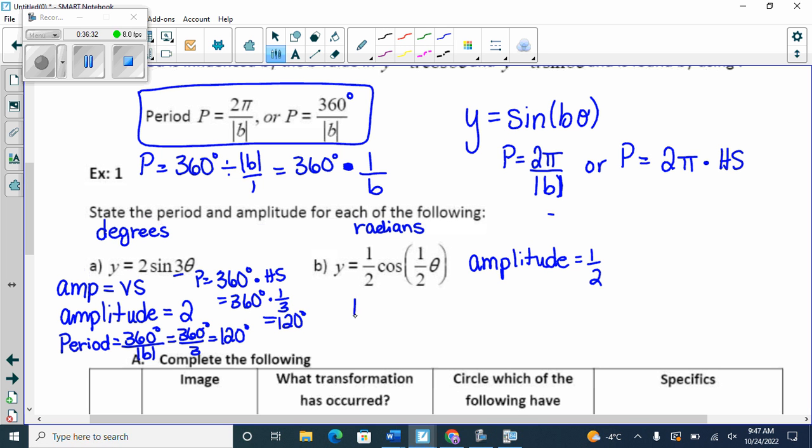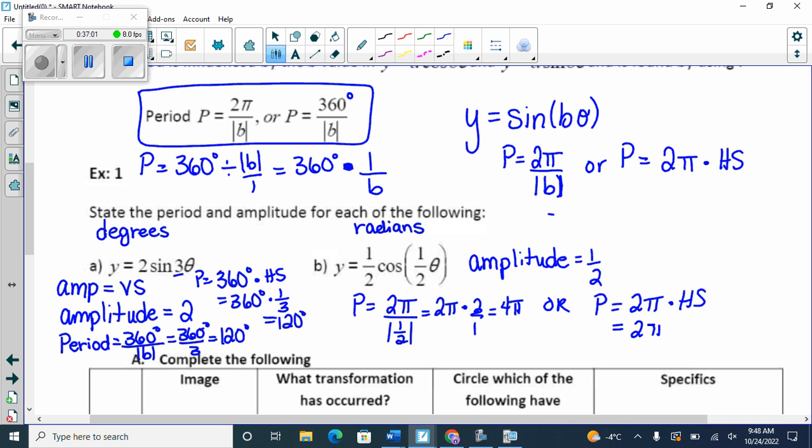Okay. This one I said in radians. So I could go 2 pi divided by the absolute value of b, and b happens to be a half. So that's 2 pi times, instead of dividing by half, it's 2 pi times 2/1, which is 4 pi. So I could have done that. Or I could have went, the period is 2 pi times the horizontal stretch, which is 2 pi times, if b is a half, my horizontal stretch is 2.